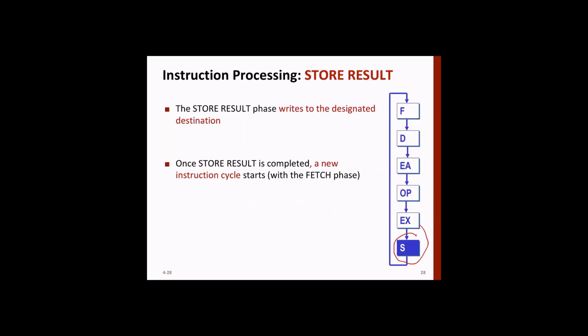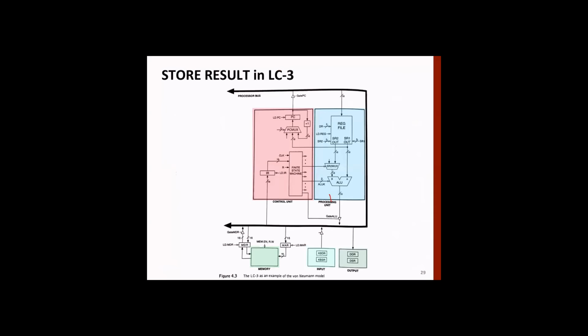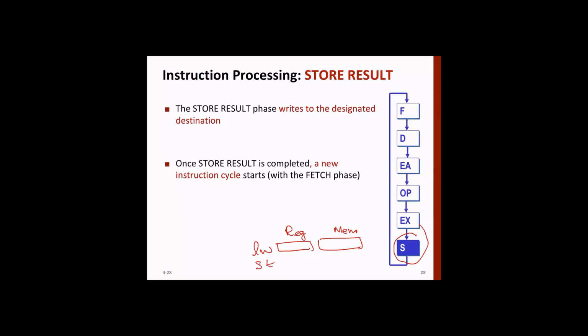Okay, so now remember that we were doing load and store, right? So with load, we are loading from some memory location to a register. What we had seen in the earlier step is that we have data available up to MDR.